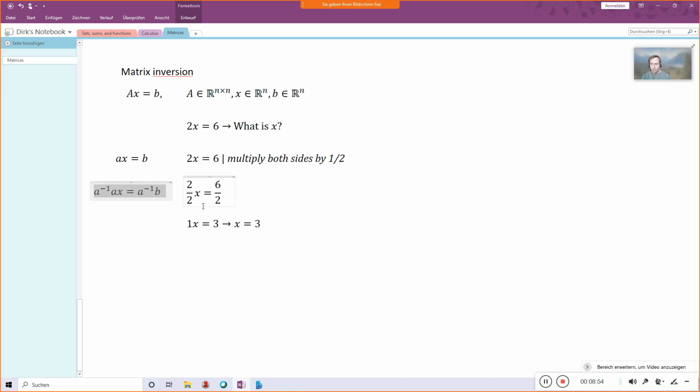And then we have the fact that if we divide a by a, we get what is called the neutral element with respect to multiplication, namely 1.